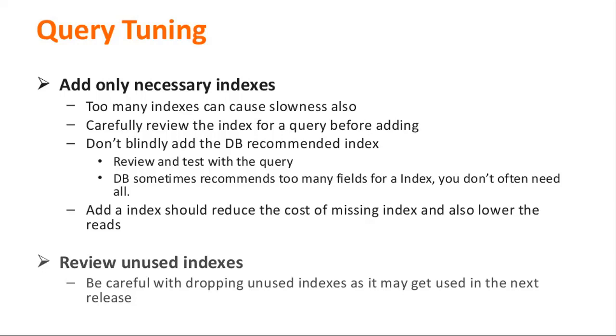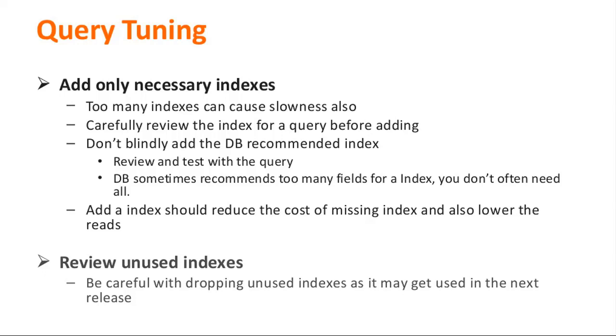When you run the query, the database will give you a recommendation of the index. Review the recommendations. Sometimes the database gives you way too many fields in the recommended index than are actually needed. So you can always trim down the number of fields in the index.